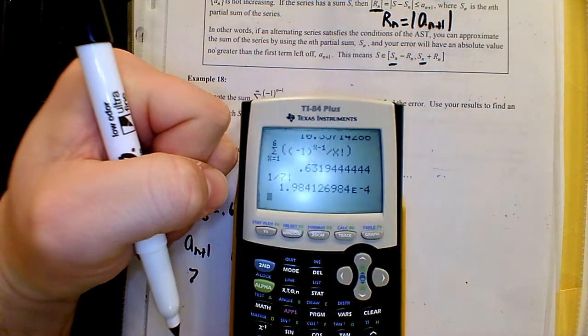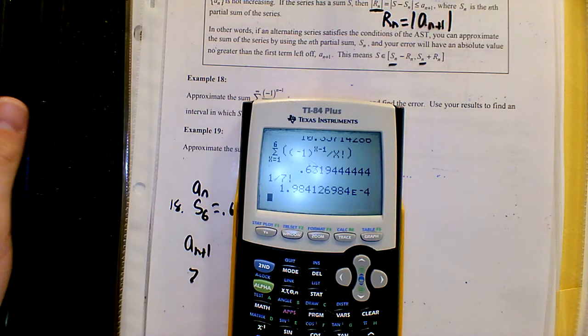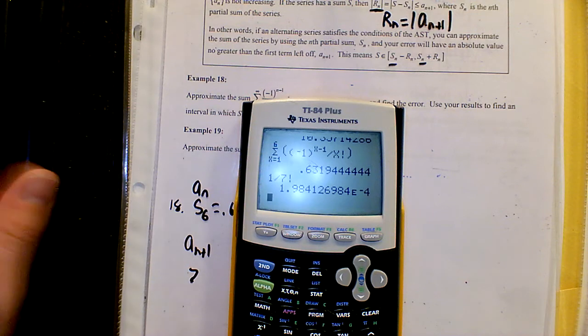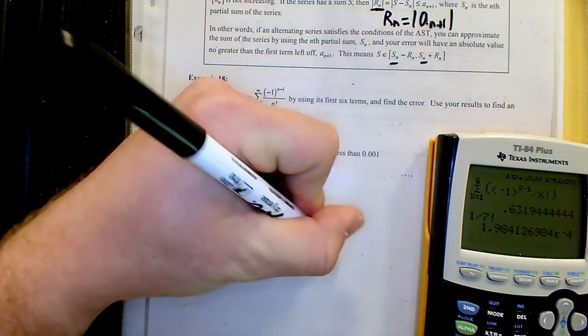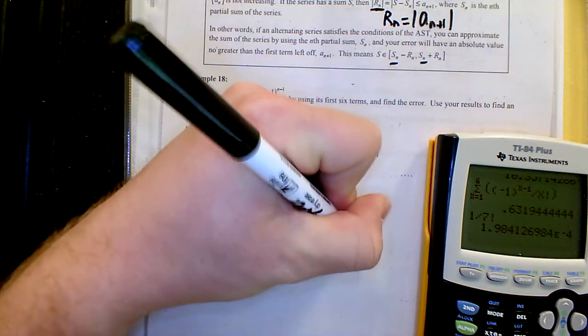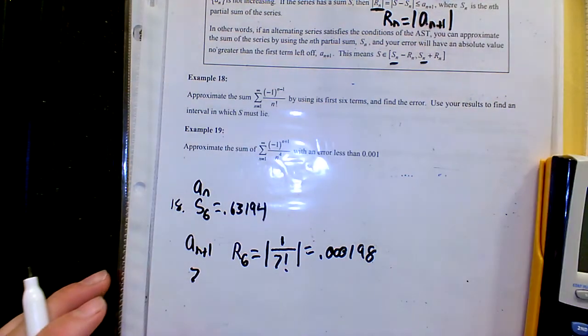I have the value on my calculator. What is it? Or how do I write that? Yeah, this E is like the times 10 to the -4th, so we get 0.000198. Okay.